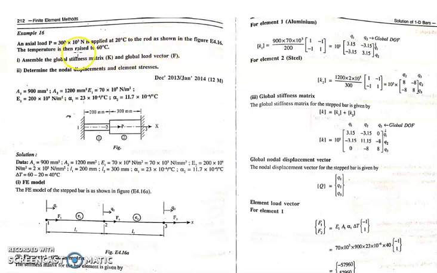The temperature is then raised to 60 degrees centigrade. See, earlier it was 20 degrees centigrade. Now it is raised to 60 degrees centigrade after applying this force. Then what is the change in temperature, which is 40, no? 60 minus 20, that is 40. Assemble the global stiffness matrix and global load vector. Then find the nodal displacement and element stress.